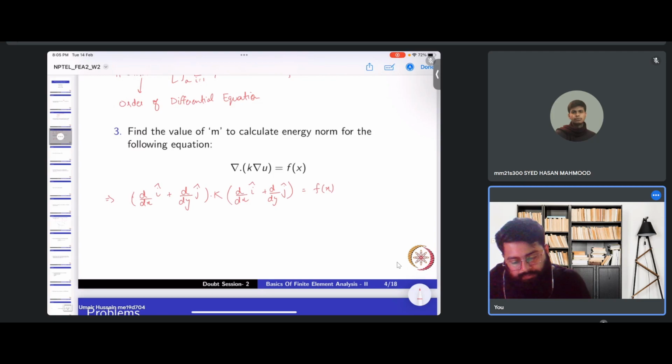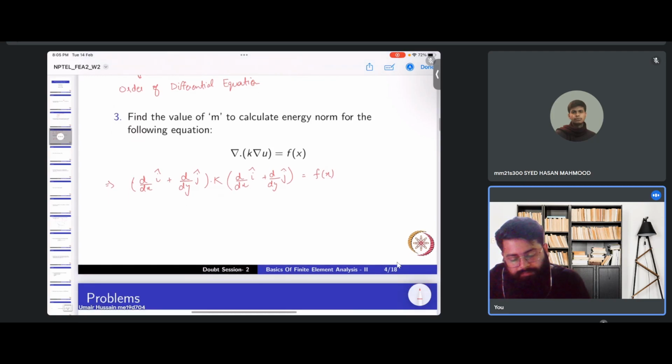What would be the order of this differential equation? Suppose we consider k as constant, we have this here.